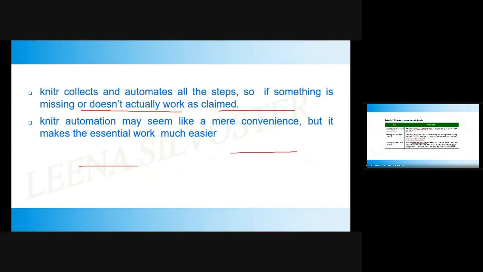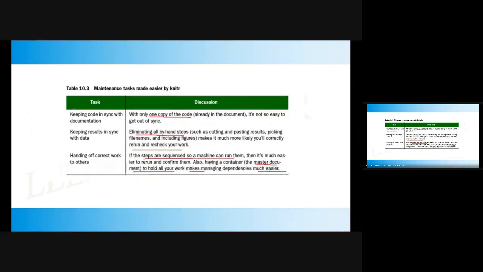Maintenance tasks made easier by knitr. First one is keeping code in sync with the documentation. We are keeping only one copy of the code, so it is not easy to get out of sync. Our code will be in sync. Next one is keeping results in sync with the data.